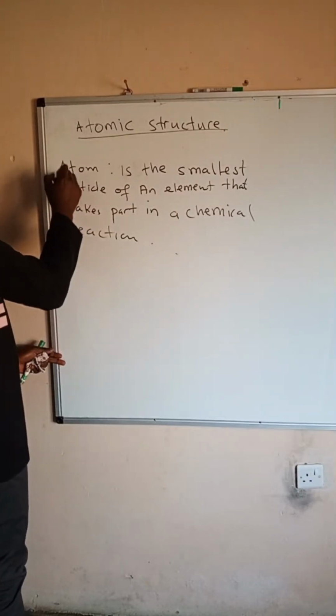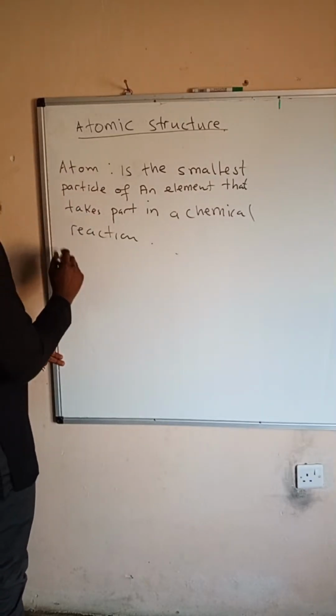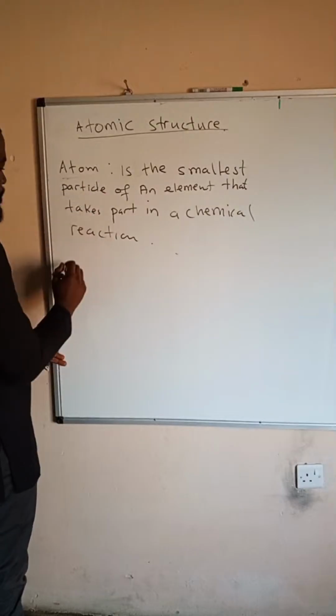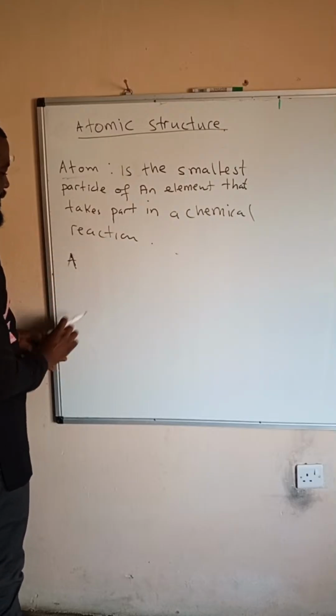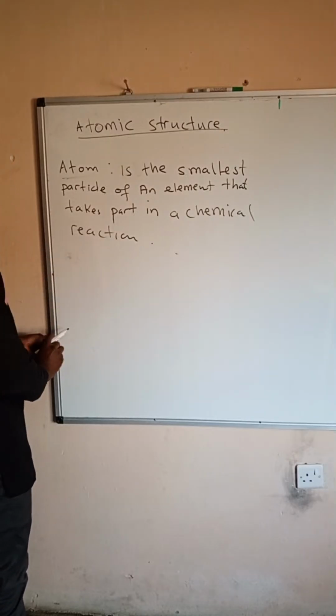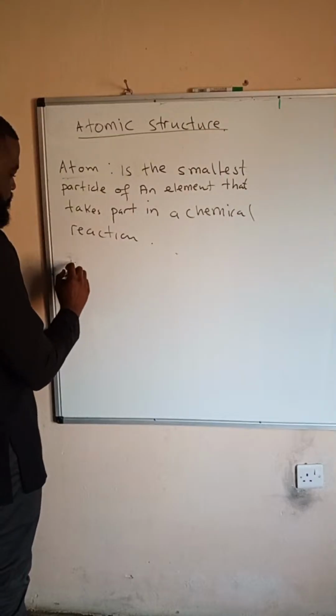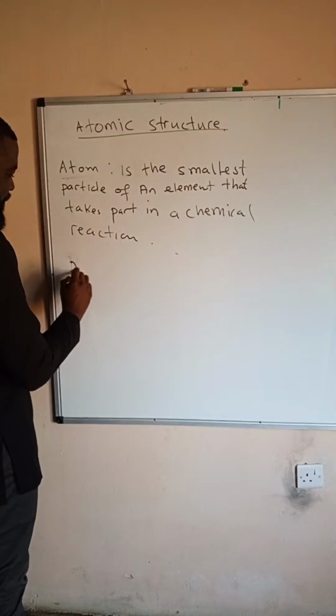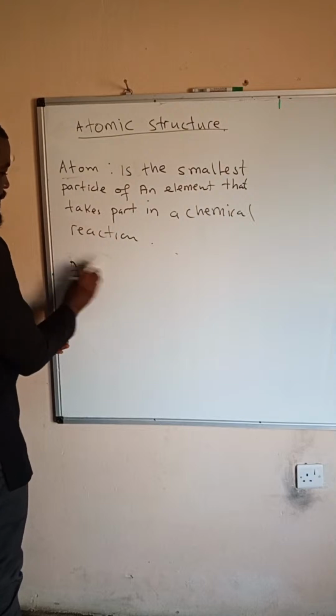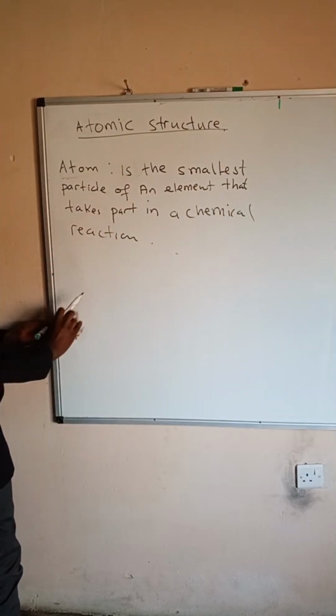Now, even if this atom is small, an atom may be small, but an atom is made up of particles. So, particles that make an atom. Let me write it like this so you can understand it a little bit easier.